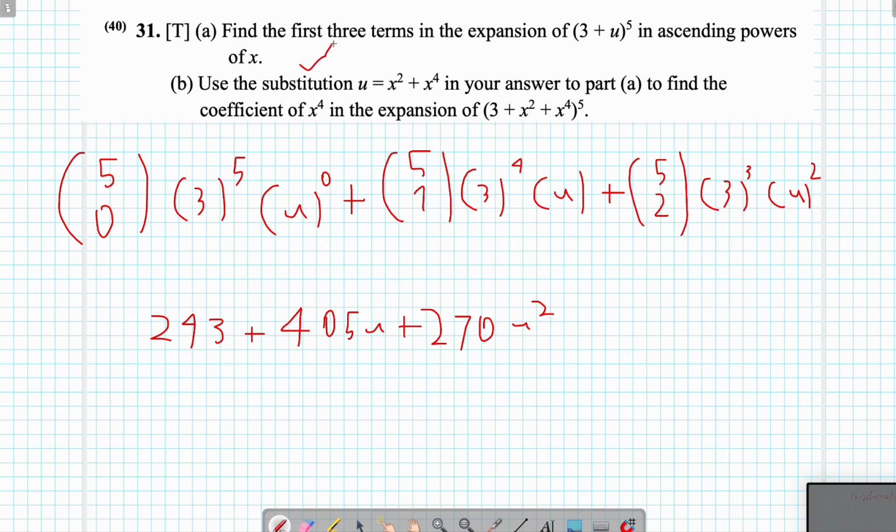Use the substitution of u equal to x squared plus x to the 4 and your answer to part A to find the coefficient of x to the 4. Okay, so 243 plus 405 times (x squared plus x to the 4).